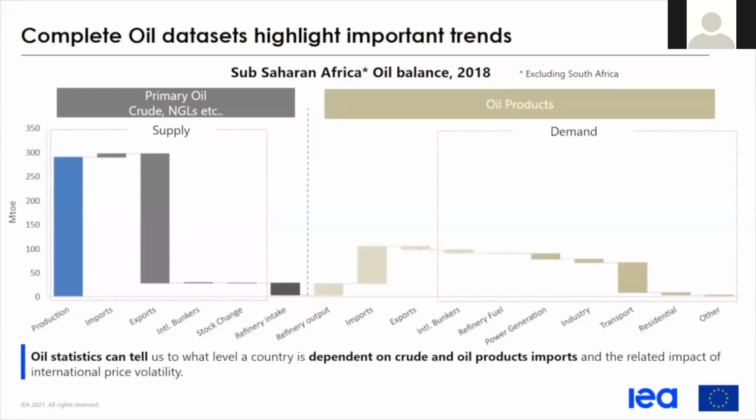And then if we have a look at the oil products, we can see that the countries are mostly dependent on imports of secondary oil products to meet the demand of the population, mostly for transportation here. As I told you, the refining capacity does not cover the regional demand. Hence, the reliance on imports that we can immediately see in our statistics.